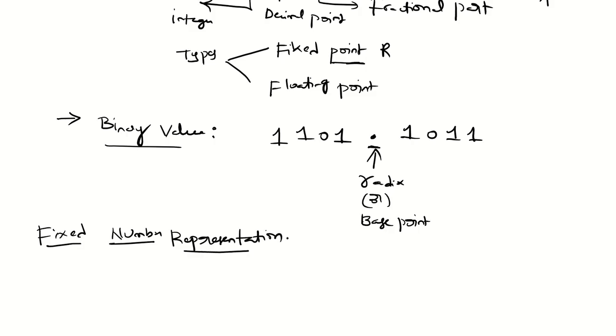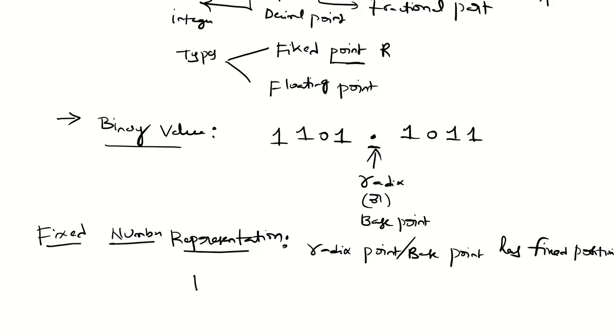See here, the decimal point, base point or radix point has a fixed position in the number. Fixed, or sometimes constant, position. Before this point there is a part which is called the integer part, and this is the fractional part.